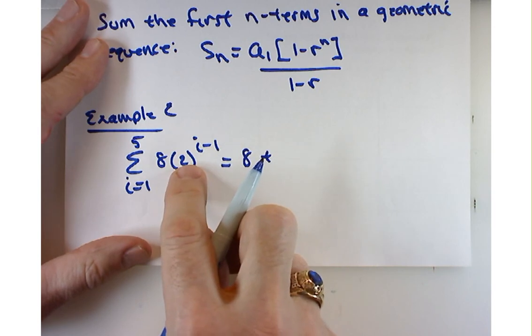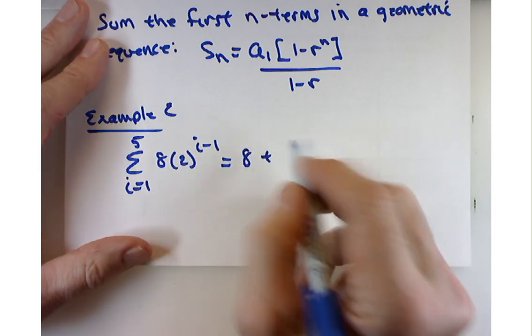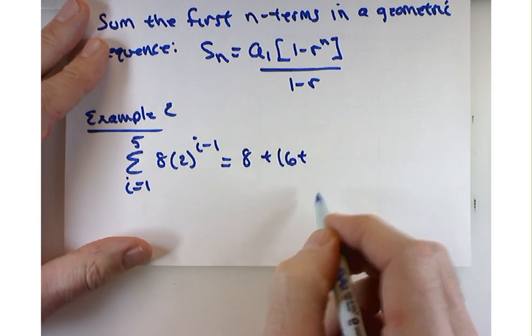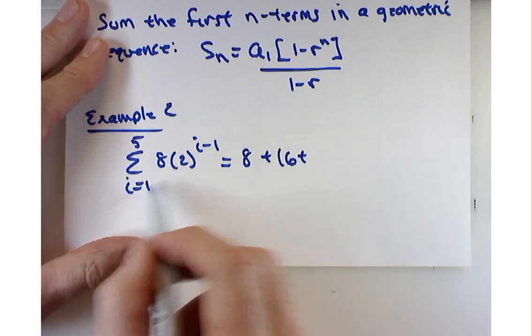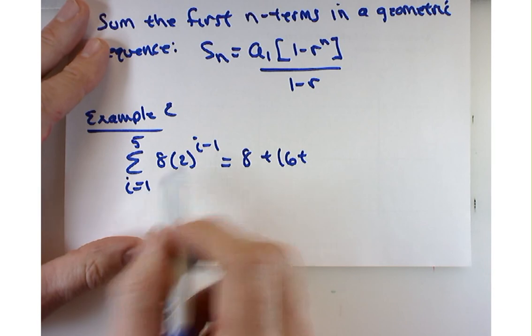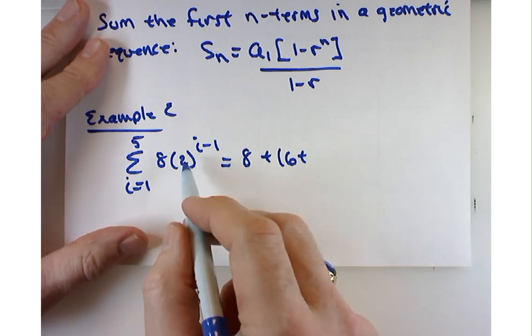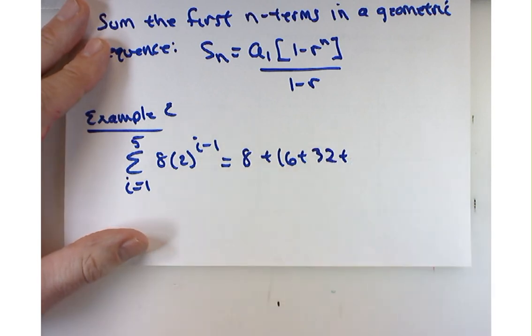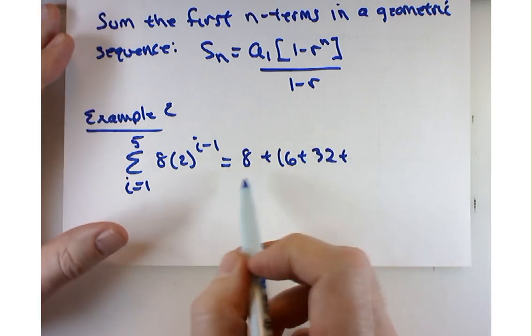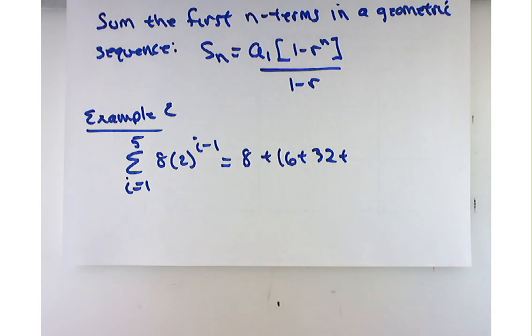So I get 2 to the first power times 8 is 16. And then plugging in i equals 3, I get 2 squared. 2 squared is 4 times 8 is 32. So it's looking pretty convincing. What are you doing to get from one term to the next in this series?